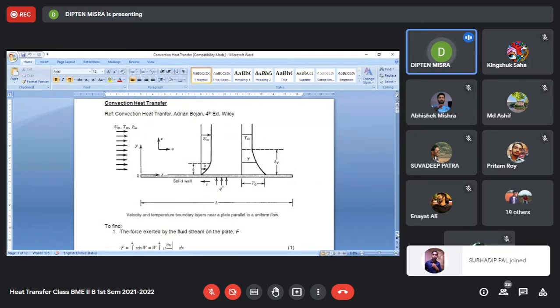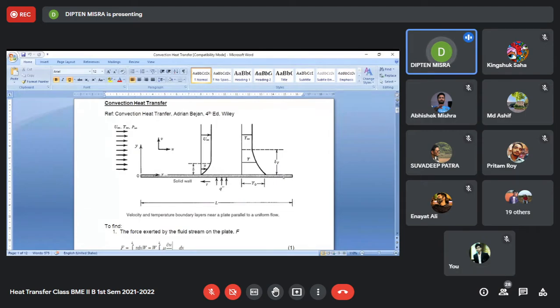What is a convection problem? That we have a wall and in contact with the wall there is a fluid, and if the wall temperature and the fluid temperature are different, then there will be heat transfer from the wall surface to the fluid, and the mechanism of this heat transfer is by convection.